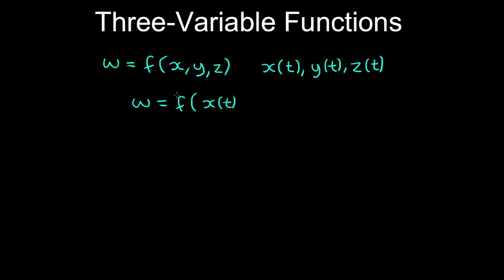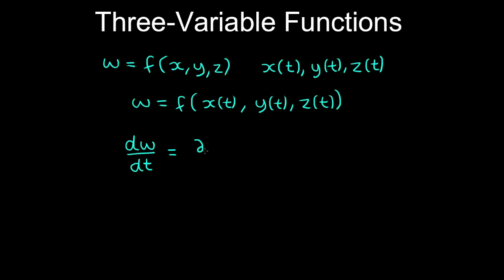So we can write w is f of x of t, y of t, and z of t. And therefore, the rate of change of w with respect to t has a similar form to the derivative of a function of 2 variables, where we apply the chain rule.